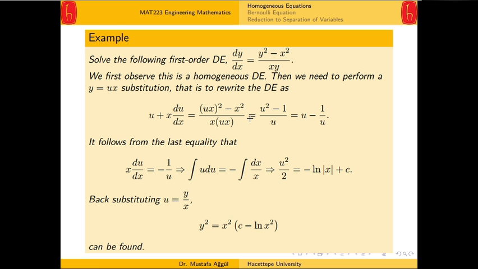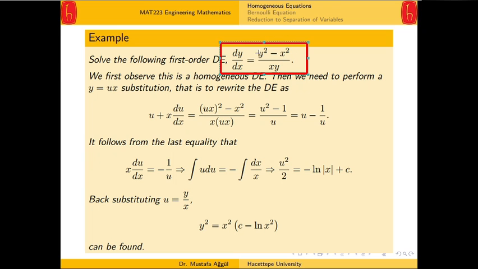Okay, let's solve an example. There is a differential equation given here. We first need to observe this homogeneous differential equation. So this is a homogeneous differential equation because if you substitute ty for y and tx for x, we'll end up with t squared here, t squared y squared here, and t squared x squared there.